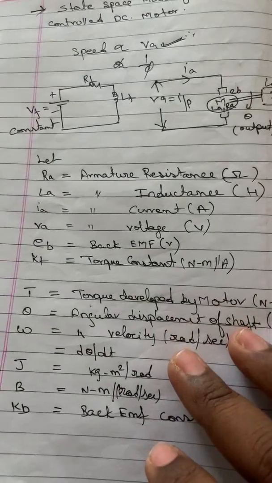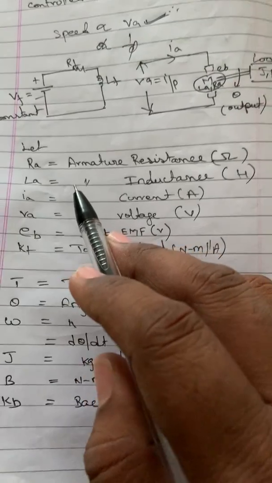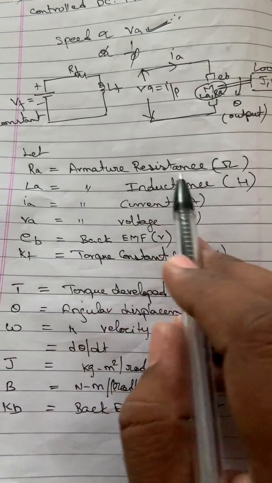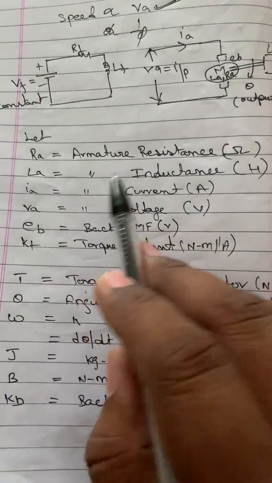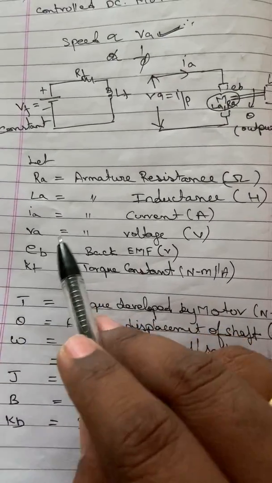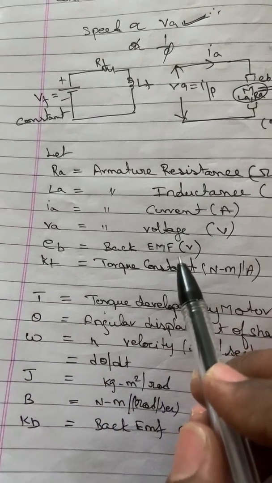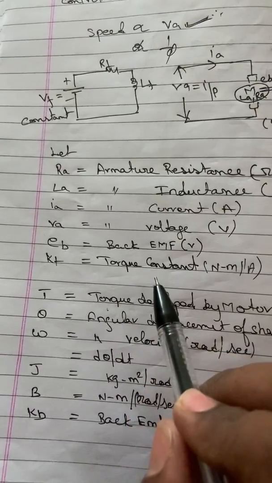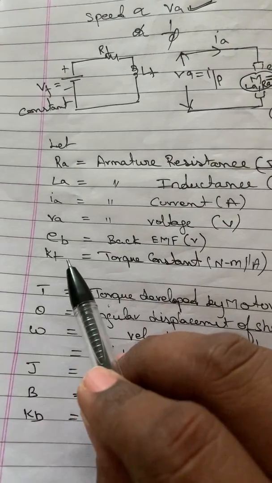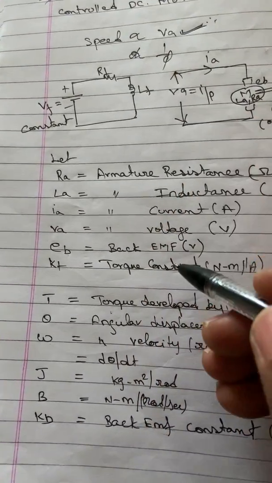Ra is the armature resistance in ohms, La is the armature inductance, Ia is the armature current, V is the terminal voltage, Eb is the back EMF, and Kt is the torque constant. I'll say about this again. Just remember Kt is the torque constant. These are all the parameters corresponding to the electrical circuit.